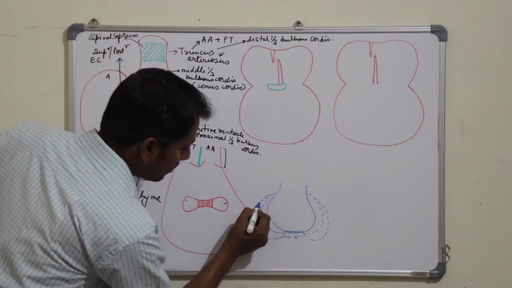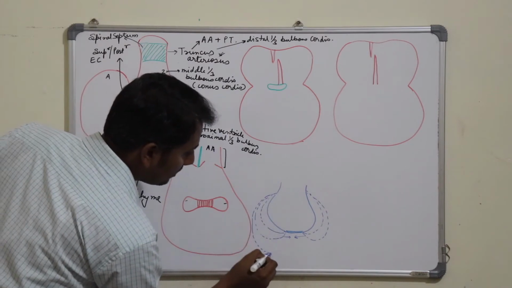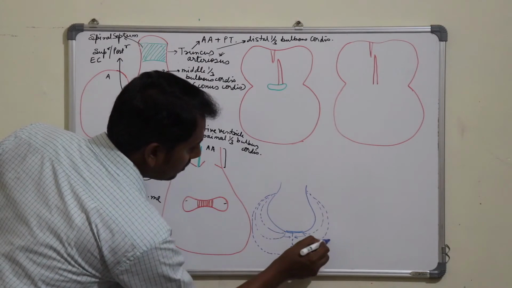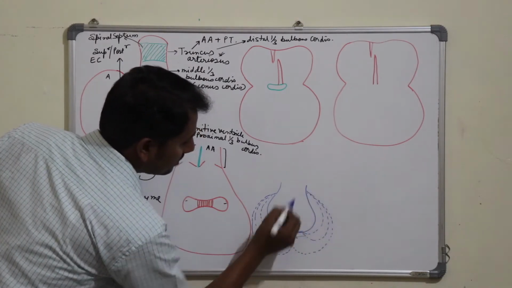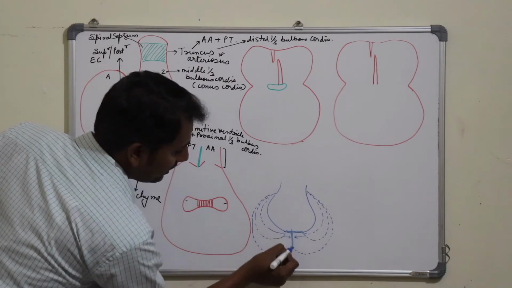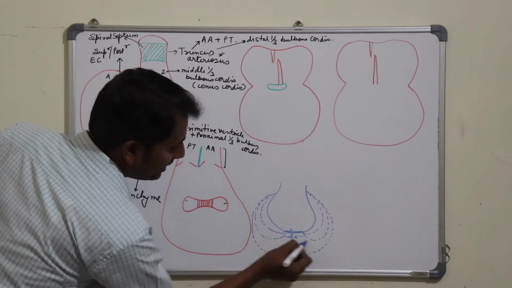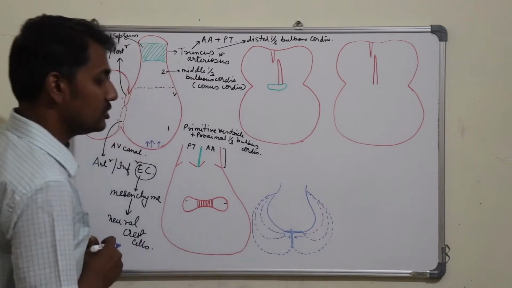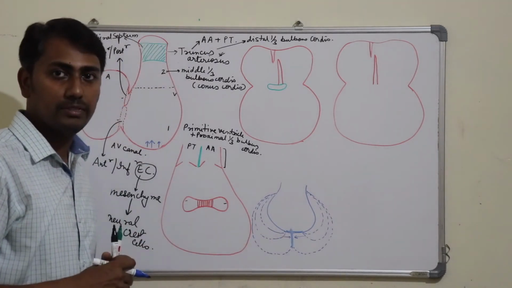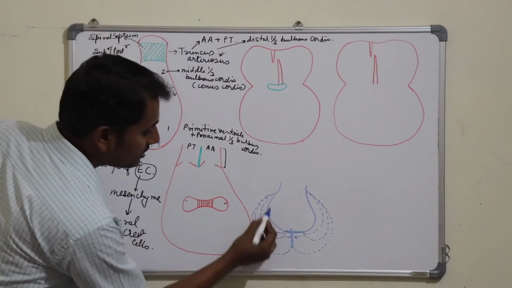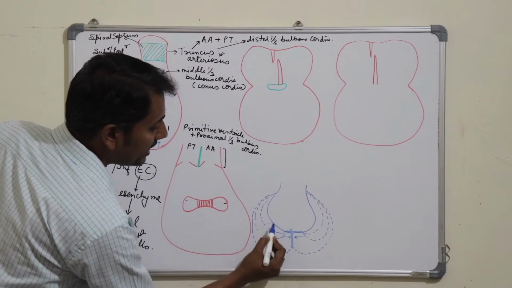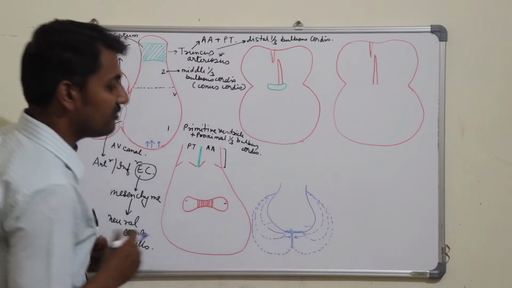Therefore, when more enlargement will occur, this picture will come into effect. And this midline structure that you can see, which is coming in this floor of the ventricular chamber, is known as muscular interventricular septum. That will divide this common ventricular chamber into a right half and a left half.